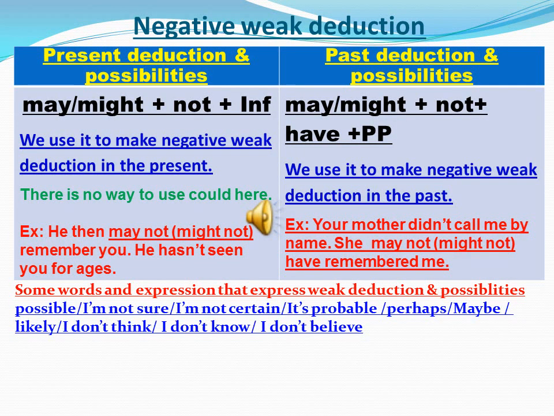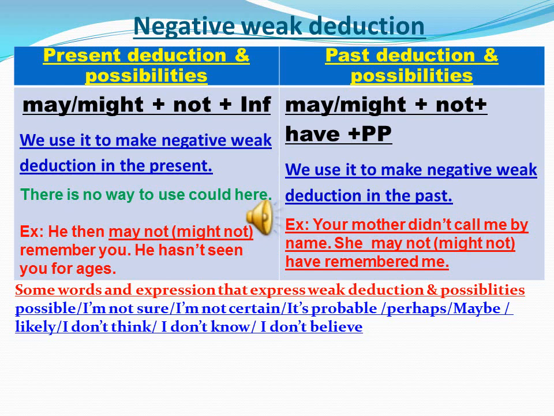We can use these modal verbs may and might to express negative possibilities. There is no way to use could here. In this example, he may not or might not remember you. He hasn't seen you for ages. So it's possible that he doesn't remember you after ages.